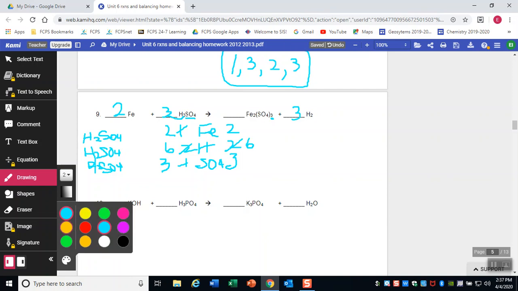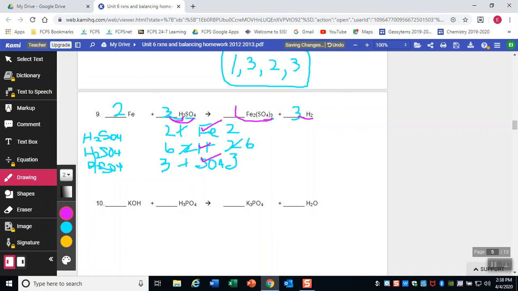So it looks like it's balanced. Let's just check to be sure. 2 irons, 2 irons. Check. 6 hydrogens and 6 hydrogens, check. 3 sulfates and 3 sulfates, check. Right, because that would be 1 times 3 sulfates.